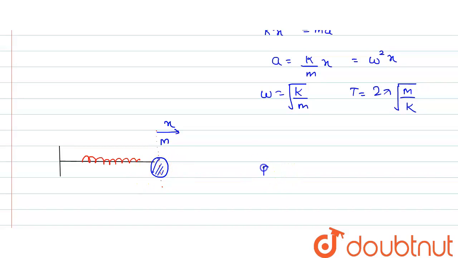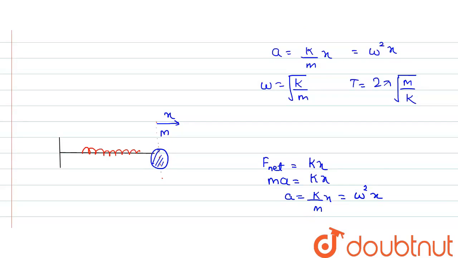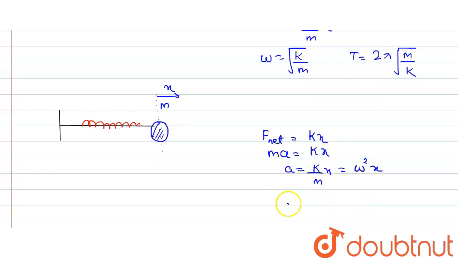So we can say that our net force would be just equal to our spring force kx. Net force equals mass into acceleration, which would be equal to k into x. Then acceleration would be k divided by m into x, which we can put equal to omega square x. Now from this expression and the previous expression, we can see that omega is still the same, the square root of k divided by m.